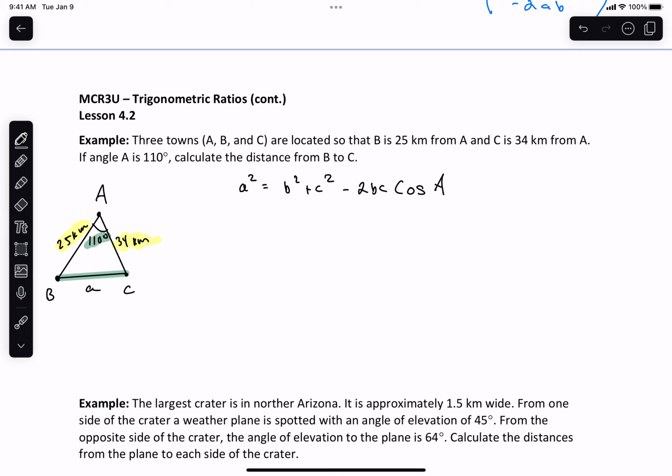Don't waste your time in a test typing this as individual components and taking 7 lines to get an answer. Get yourself a scientific calculator, type it all in 1 line and hit equals, and then square root the answer. Should be done in 2 minutes after you've drawn the picture, right? So by that I mean we should be able to just type all this stuff in.